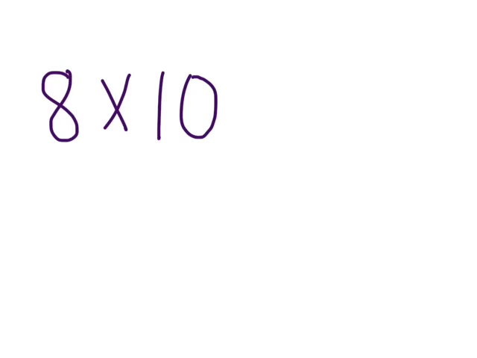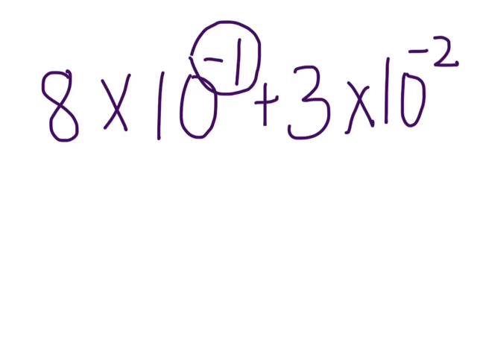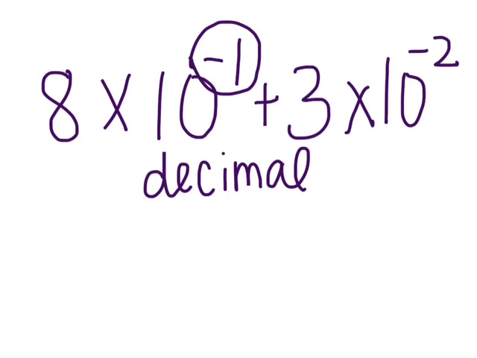Okay, let's try another one. Let's try 8 times 10 to the negative 1 plus 3 times 10 to the negative 2. Anytime you have a negative exponent, it means you have a decimal. Okay, this would be 1 place to the left.